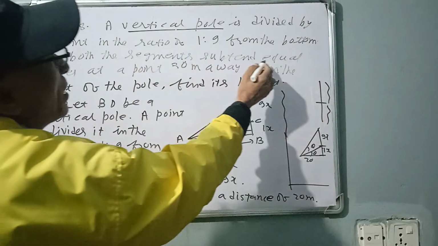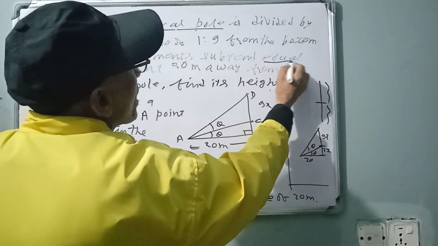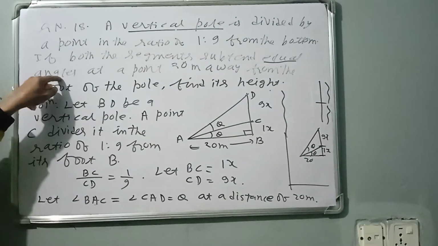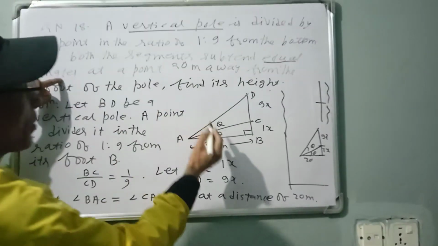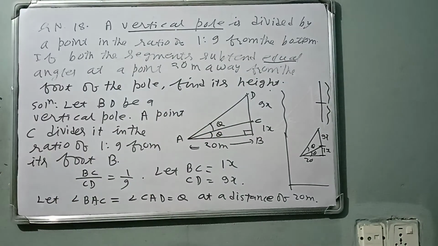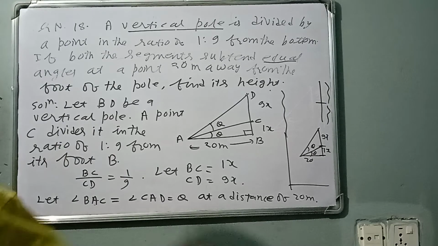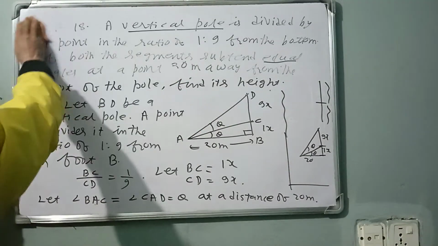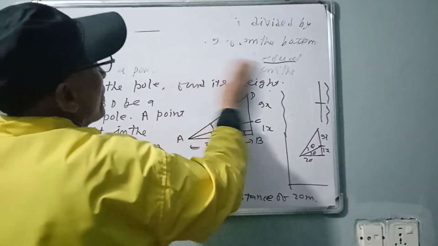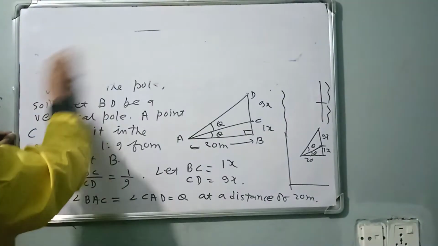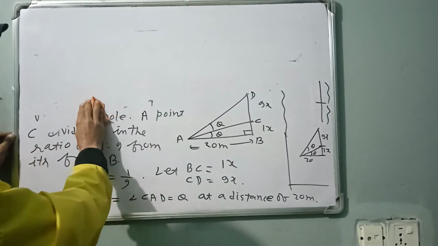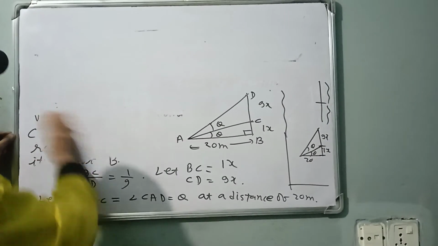Both the segments subtend make equal angles. Equal angle means these two angles are equal. Let BC equal 1x, CD equal 9x, and total height is 10x. Now I just rub it. Can you remember what is there?